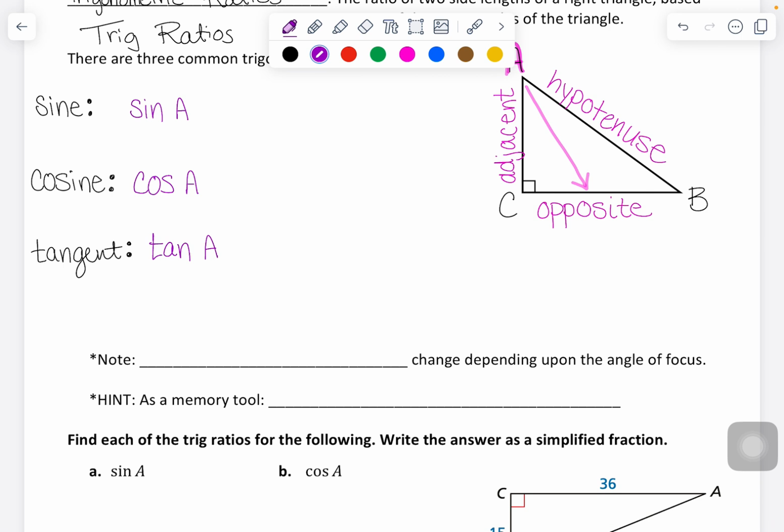In this setup, we're just calling it angle A. And if you don't know what its measurement is, you just put its name. And these ratios are equal to fractions made with the side lengths in a specific order. Sine is the opposite side of the triangle getting divided by the hypotenuse of the triangle. Cosine is the adjacent side getting divided by the hypotenuse.